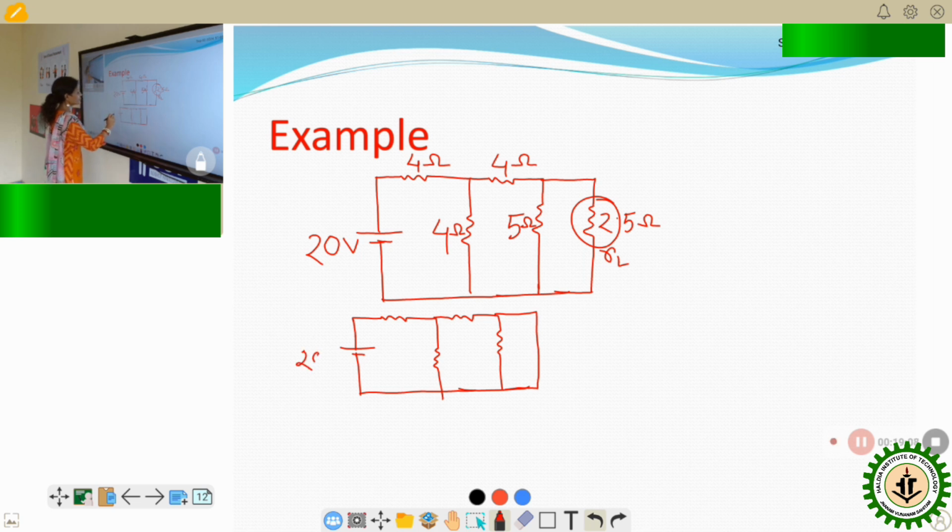It is 20 volt, it is 4 ohm, it is also 4, it is also 4 ohm, it is 5 and short circuit.